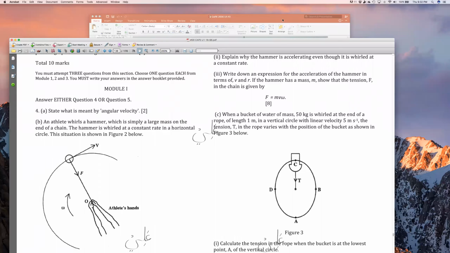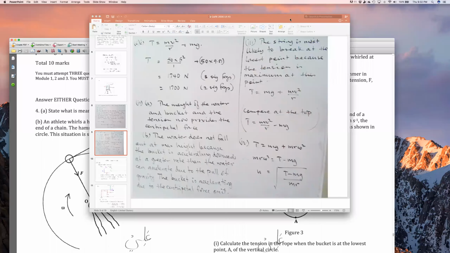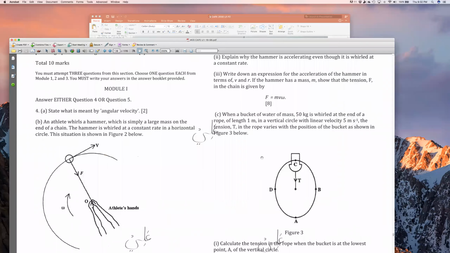So we could write at the top that T is equal to mv squared over r minus mg or something like that. I do have the equation in my head, so I'm not trying to get it right. I just want to get this part sorted out. So certainly the tension would be less than when it is down here.